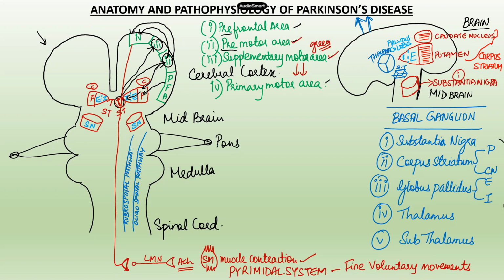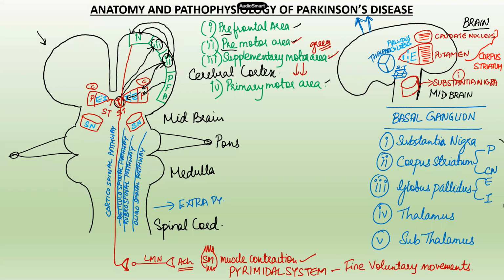Right? Then you also have your reticulospinal pathway. Let me write this also. This is called your corticospinal pathway. Now the ones in blue are referred to as the extrapyramidal pathway.